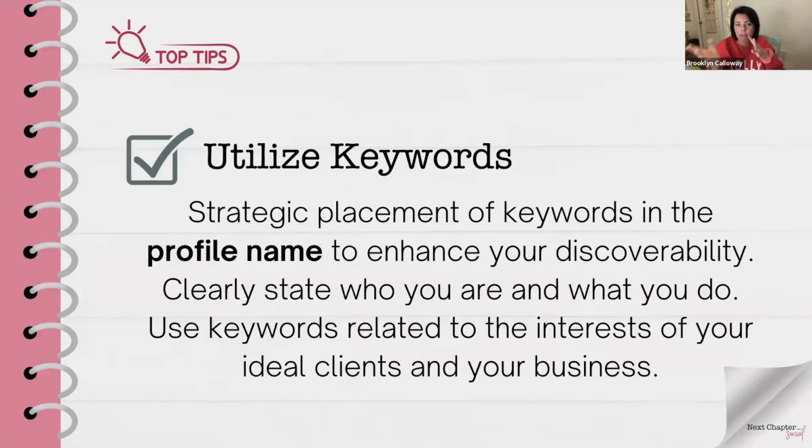Use an edited version. Utilize keywords. So you have two things going on here. You have your Instagram name, which ours is Next Chapter Social, my personal brand, Brookie Lynn's Bungalow, Angelin's personal brand, Angelin's Style. Okay, those are your Instagram names. That doesn't change. What does need to be edited here, and note, you can only edit it twice in 14 days.